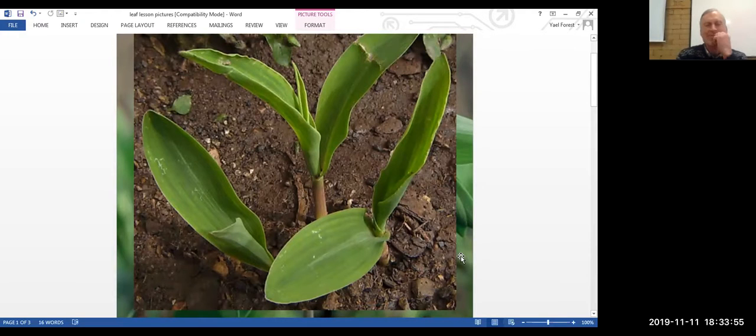Kind of odd looking from the top. That's maize. What kind of veins does it have? Parallel. Yeah. So is it a monocot or a dicot? A monocot. Yeah. Monocots have parallel veins.